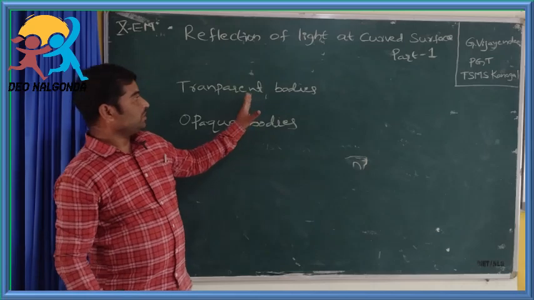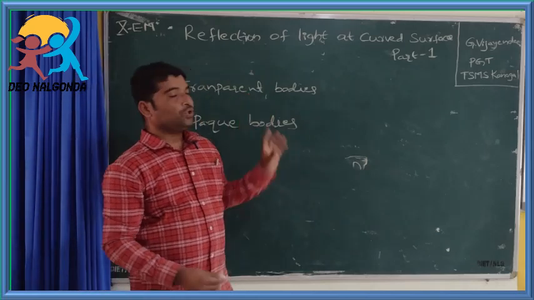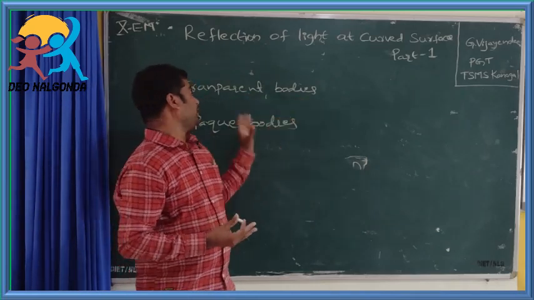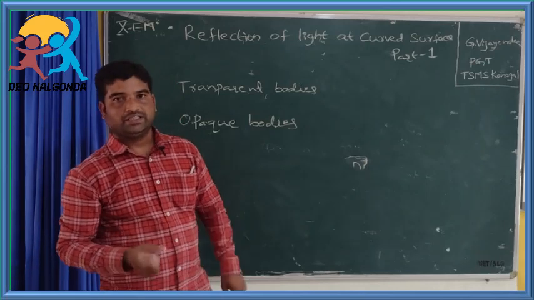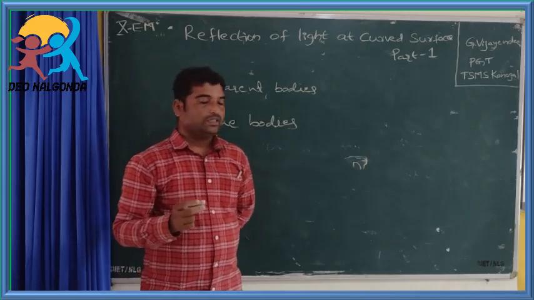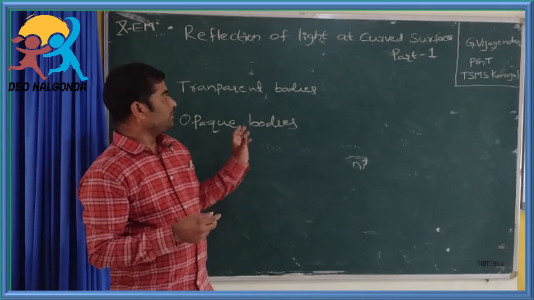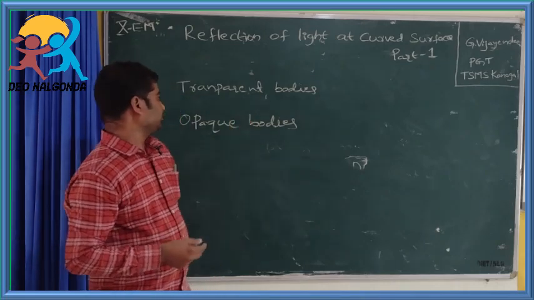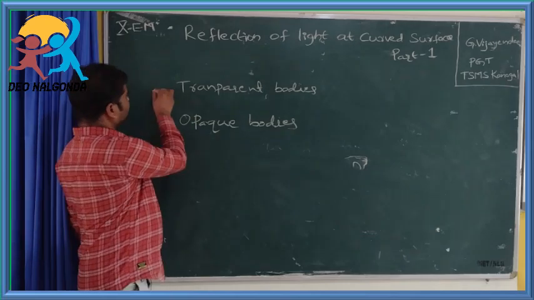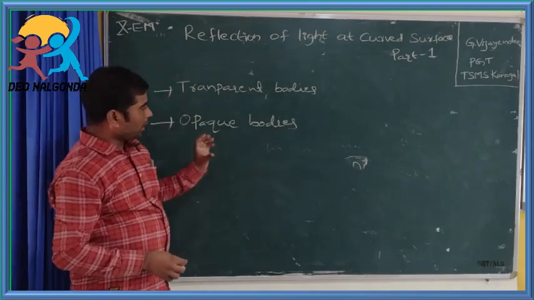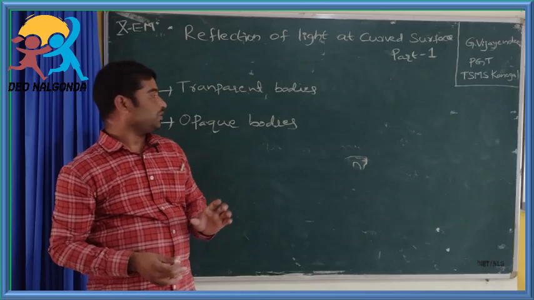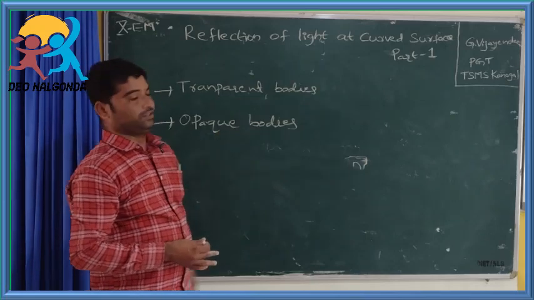Transparent means the objects which allow light through them are called transparent bodies. Examples: water, glass. Light can travel through transparent bodies. Opaque means the objects which cannot allow light through them are called opaque bodies.